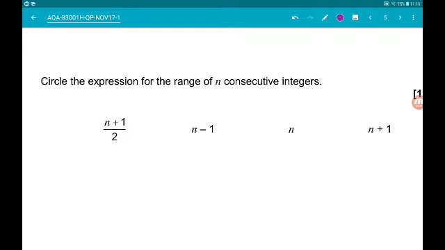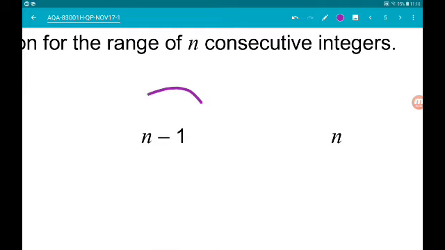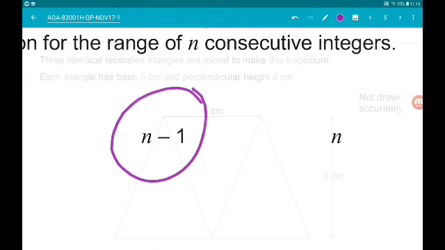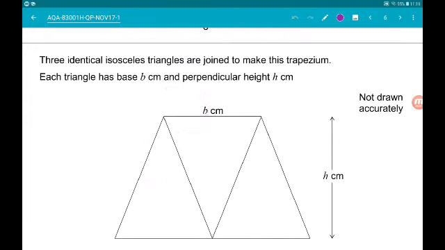Now the range of those, 1, 2, 3, would be 3 take 1, which is 2. So for 3 consecutive numbers, the range is 2. For n consecutive numbers, the range then would be n minus 1. Okay, question 10.